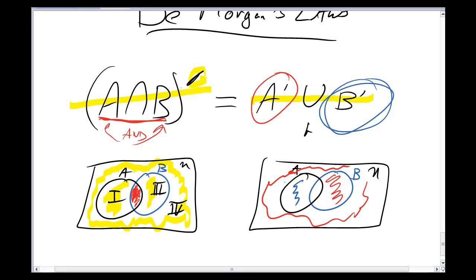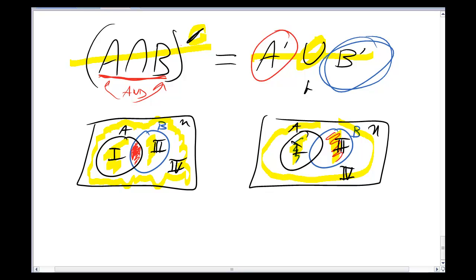Well, this is outside of B. All this is outside of B. I can't take in any of the things inside of B. So when I join them both together and union them up, what do I have? Well, I have this squiggled in area, I've got this squiggled in area, and then I certainly have this double squiggled area, which again is regions 1, 3, and 4. So that tells you those two things are actually equal.